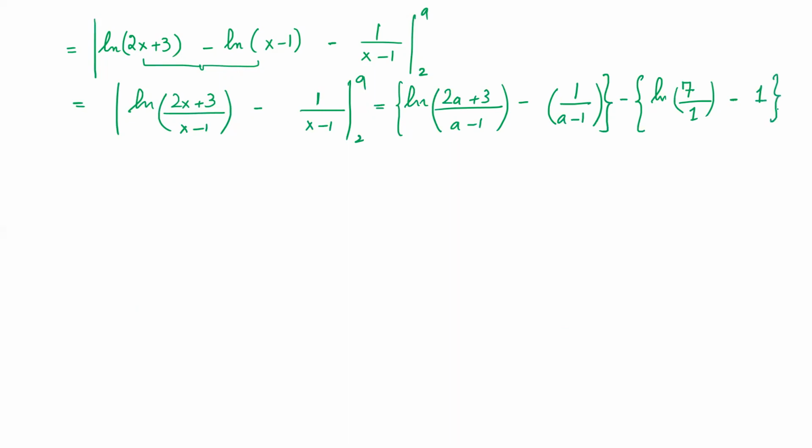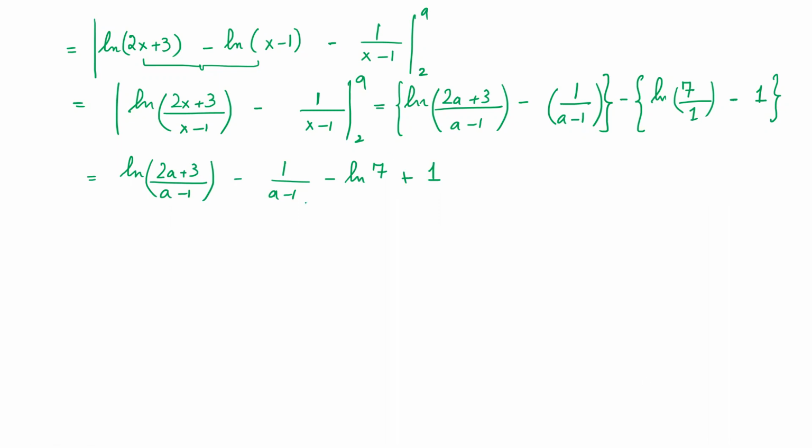Okay, so what we are left with now is ln of (2a plus 3) over (a minus 1), minus 1 over a minus 1, minus natural log of 7, plus 1.